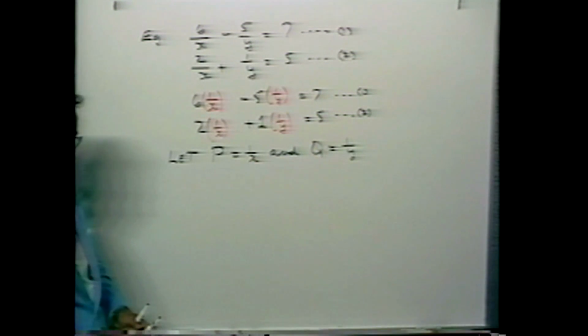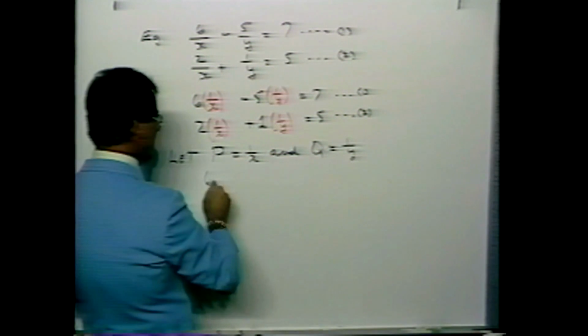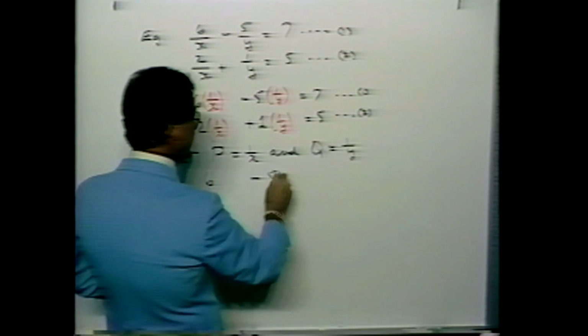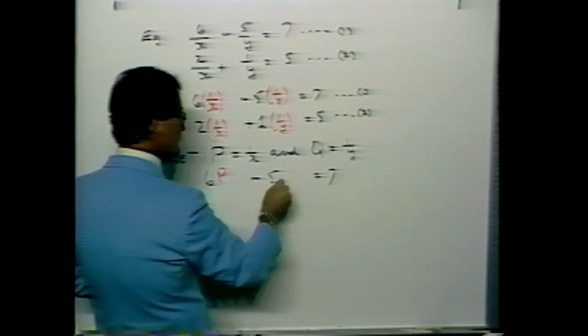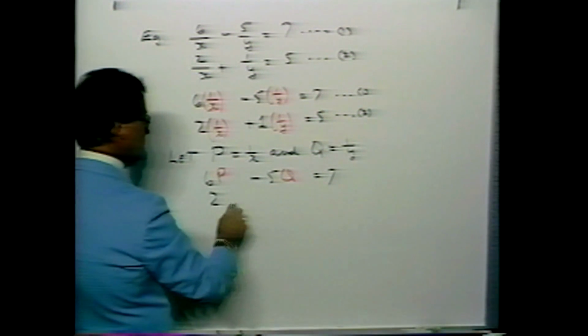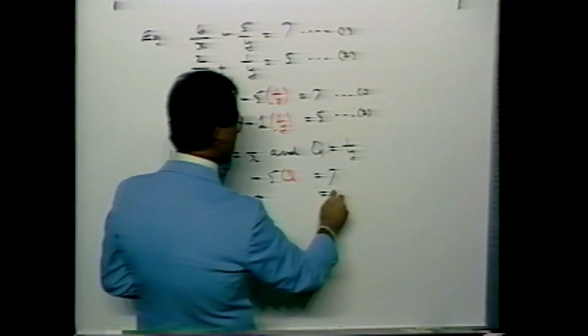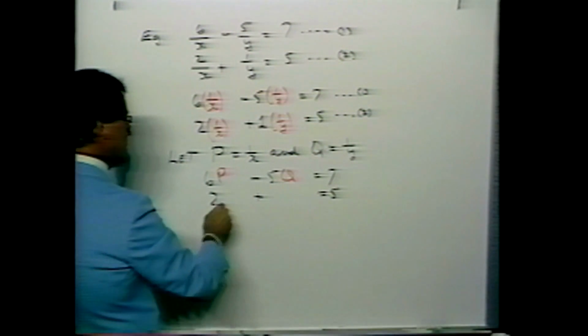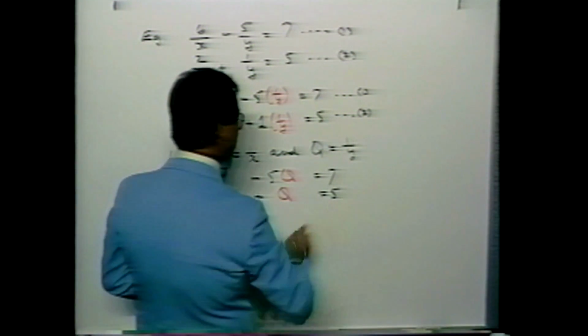Now, using p and q, I have 6p minus 5q equals 7. Similarly, 2p plus 1q equals 5.